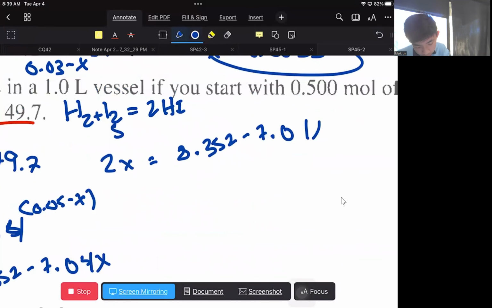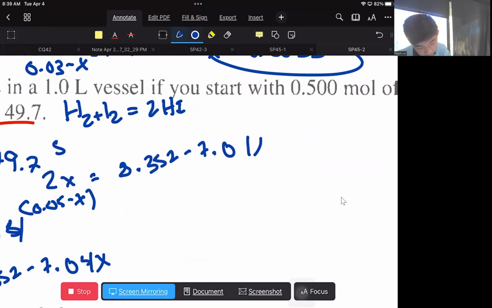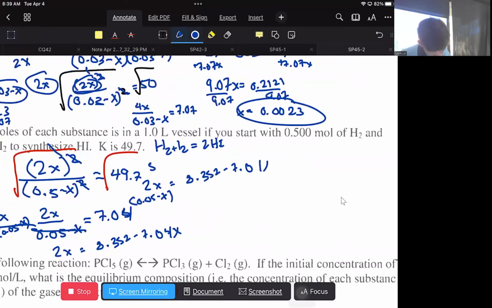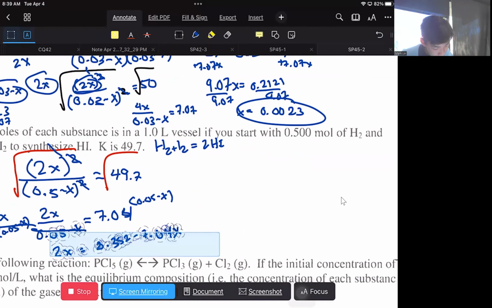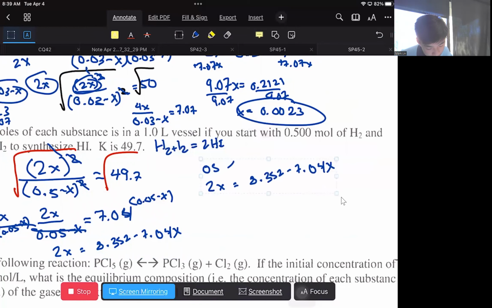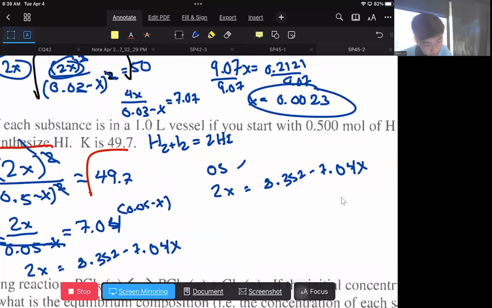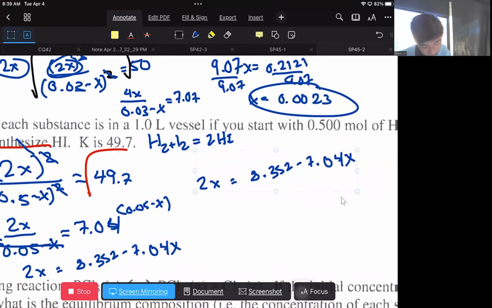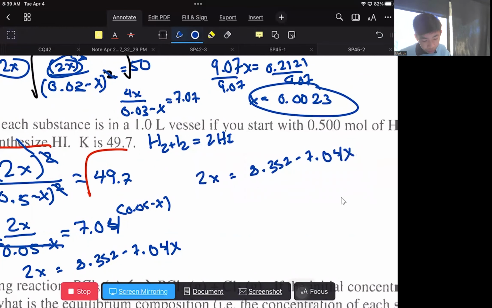Okay, what did I do here? Oh yeah, that's good. Okay, it's right here. All right. So you add 7.04 to both sides.